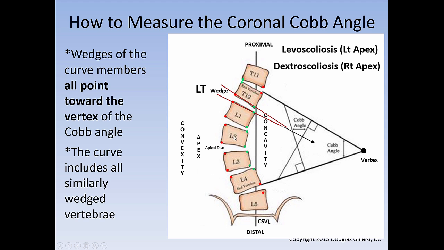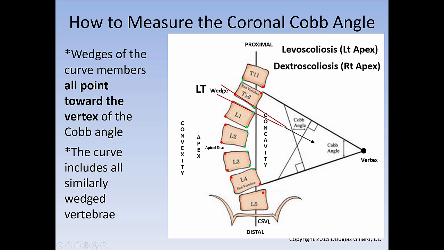Okay, and how do you draw a coronal Cobb angle? It's whichever vertebrae are tilted the most. First of all, we have the members of the curve. All of the curve members will have a wedge pointing toward the vertex of this angle. So these are all wedged to the right; say the wedge is pointing right.